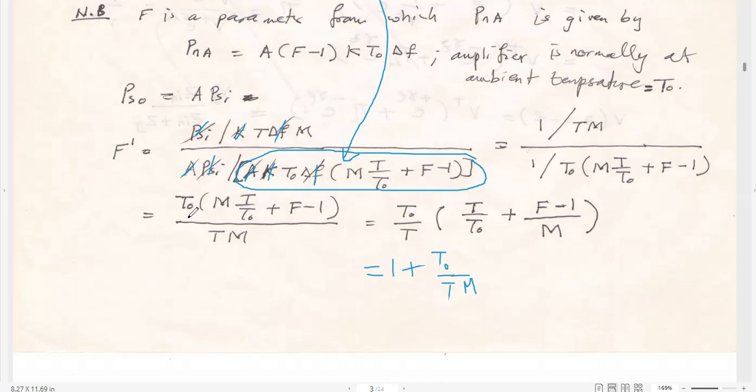We will have here T naught over T, and we will have M, and we will have F minus 1. This is the equivalent, so it is T naught over T over M times F minus 1. If the mismatch factor is 1, there is complete matching, and if T naught is equal to T, this is equal to 1, and 1 will cancel 1, and F prime is equal to F.